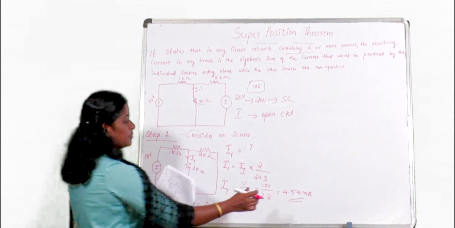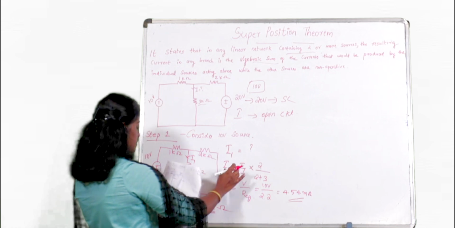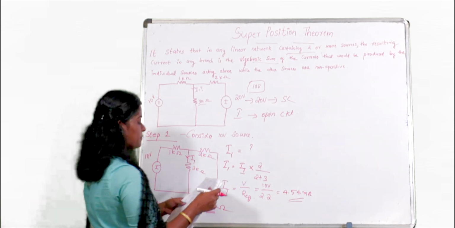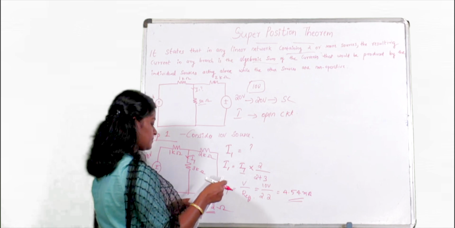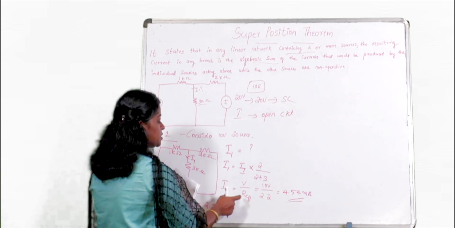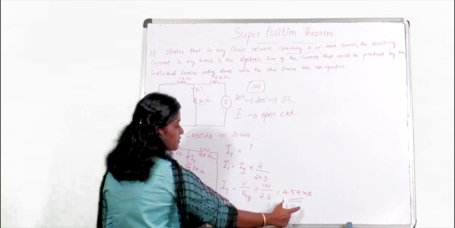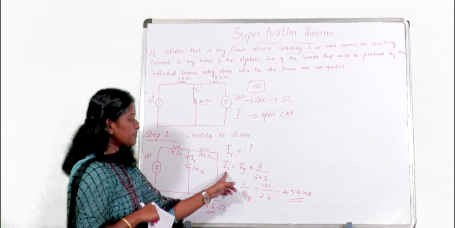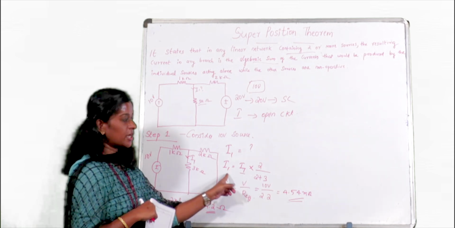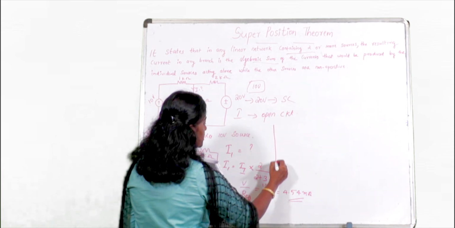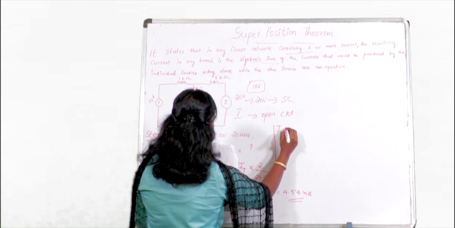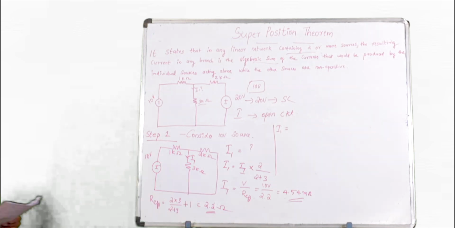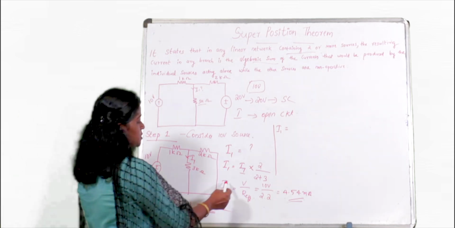If you know the total current, then we can substitute and find I1.